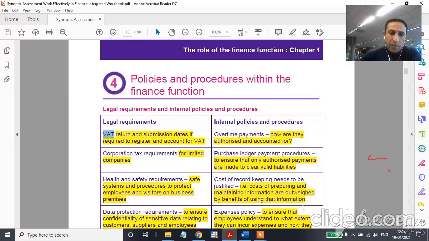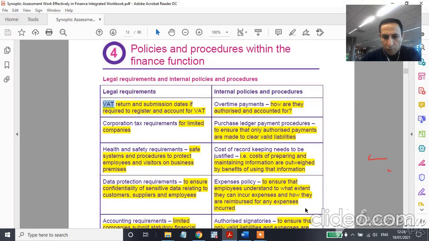Another policy and procedure which is required within the finance function is the data protection requirement. For example, the information of your supplier, information of your customer, for example the bank details of your customer. It is your responsibility to protect information from suppliers, customers and employees.